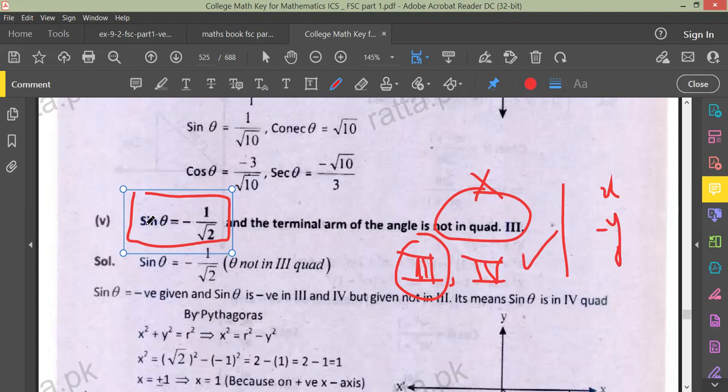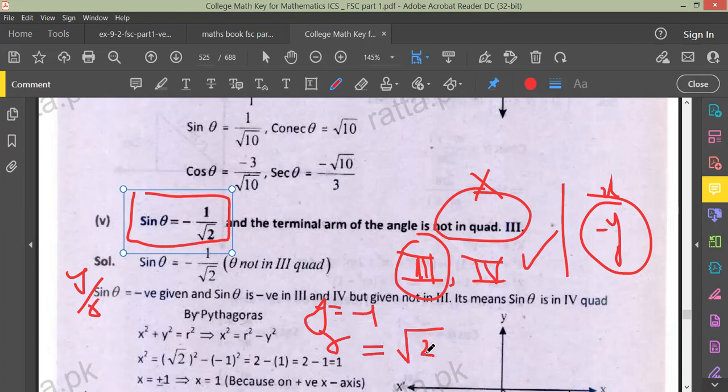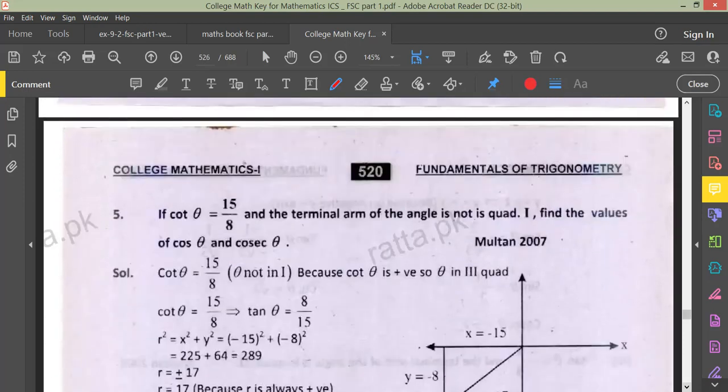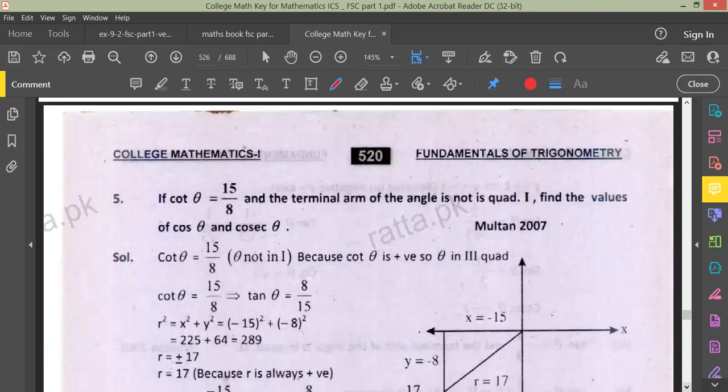Sine is equal to y over r, so the value of y is negative for this quadrant. So y is equal to minus 1, and r will be equal to square root 2. After applying the Pythagoras theorem, we will find the value of x. The x value will be positive because this is in fourth quadrant. After putting the values in trigonometric ratios, we will find the final answer.